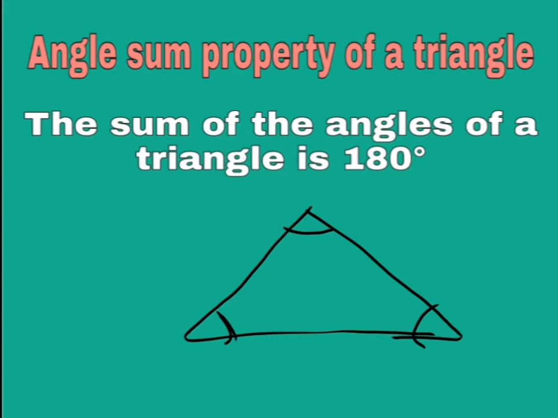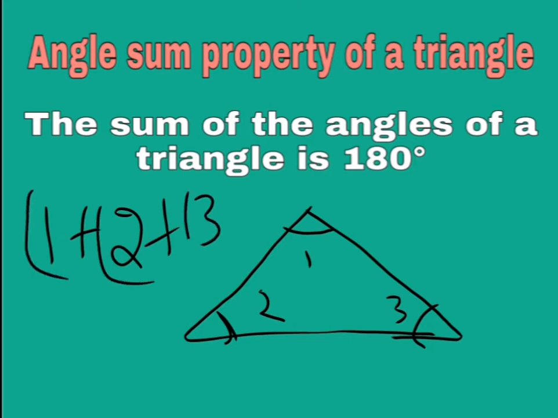So according to the angle sum property, if we name these angles 1, 2, 3, when we add 1 plus 2 plus 3, our sum should always be equal to 180 degrees. It is the same for all types of triangle, whether it is an acute angle triangle, right angle triangle, obtuse angle triangle, or isosceles triangle, whatever the type, the sum of all the angles should always be equal to 180 degrees.